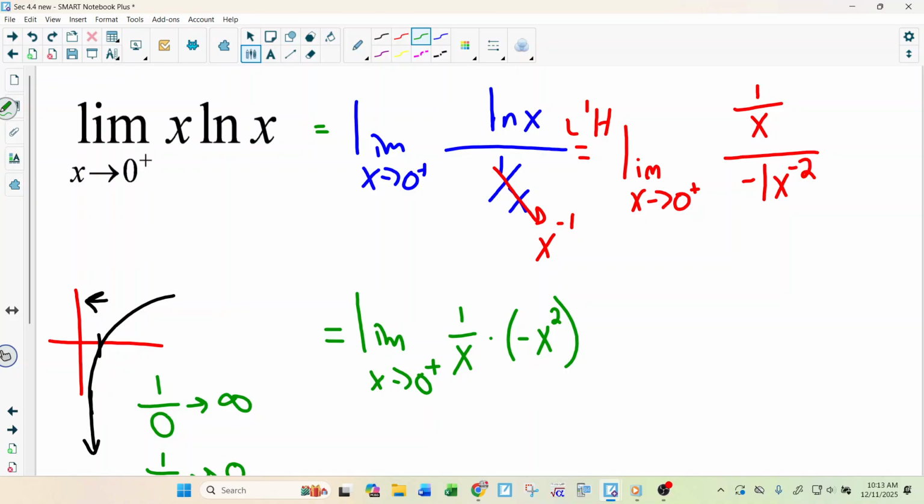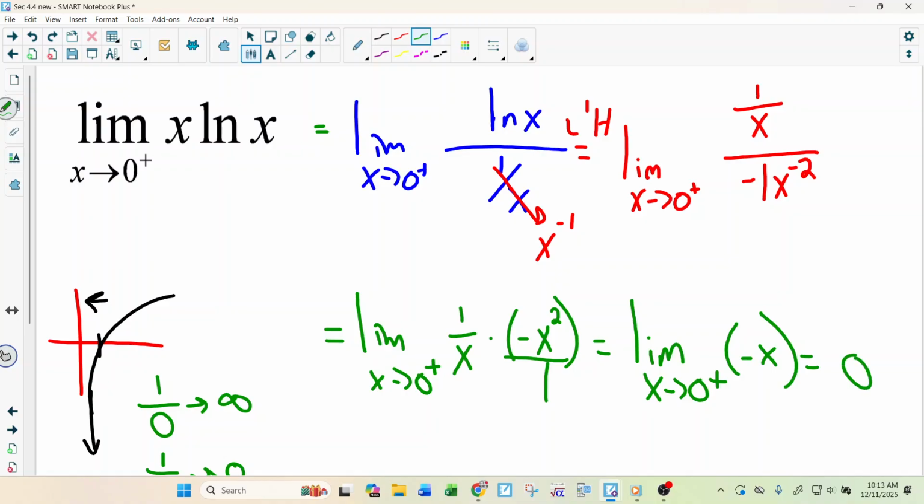I haven't done L'Hopital's rule there, right? I'm just doing some algebra. And then this gives me the limit as x goes to 0 of negative x. I have an x squared on the bottom and an x on the top, which simplifies to negative x. So that is just 0. Okay.